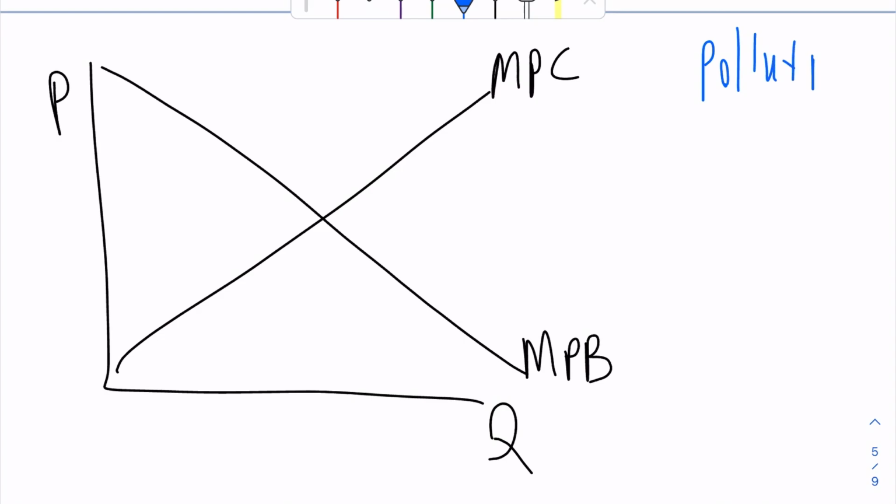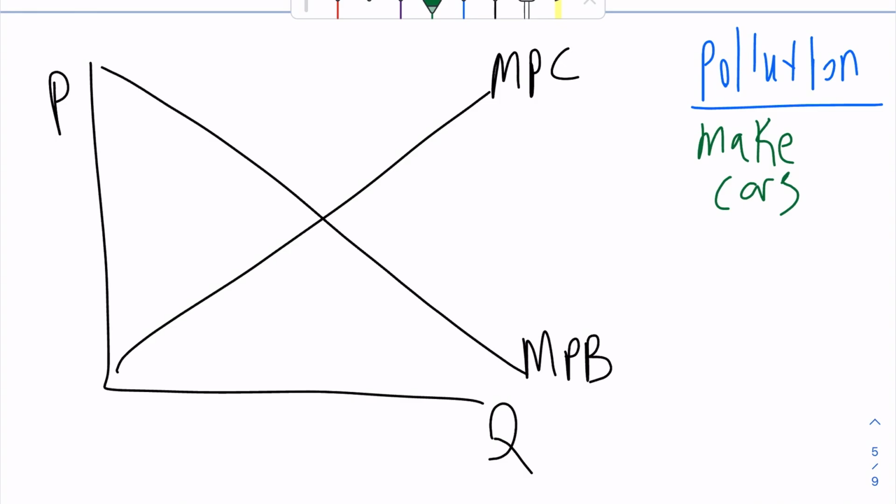The pollution means that you need to make cars. But when you make cars and you drive cars, you are creating pollution.